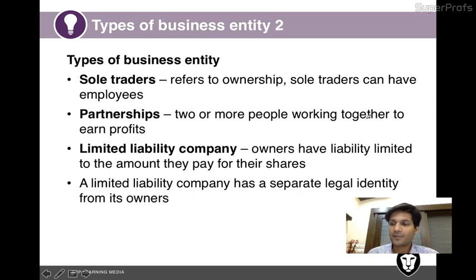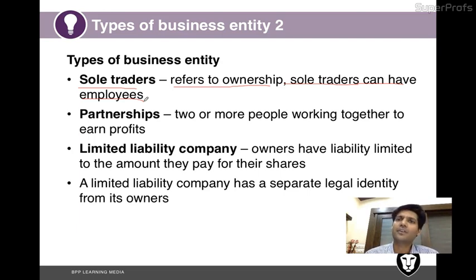So now we come to the next part. What is meant by different types of business entity? The first one is sole trader. Suppose you have a small shop on the street. A small shop on the street is known as a sole trader, where it is a small business, the business is not incorporated, and it is run by say one or two people.